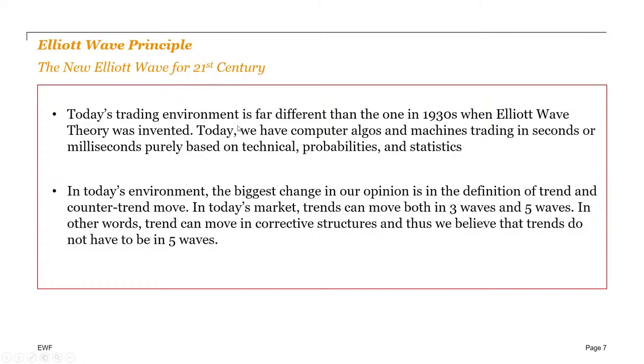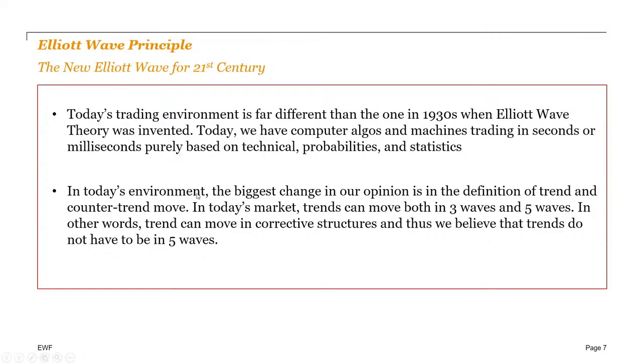Now, today's trading environment is far different than the one in the 1930s when Elliott Wave theory was first invented. Today we have computer algos, machines trading in seconds or milliseconds purely based on technical probabilities and statistics. So today we live in a very different trading environment compared to the past.